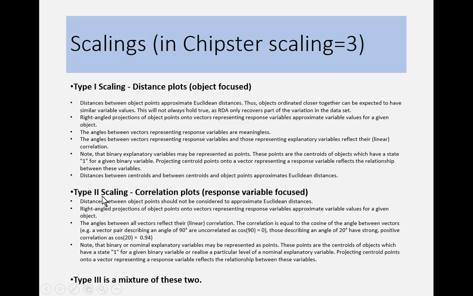There's type 1 and type 2. Whatever you check, they always tell you about type 1 and type 2 scaling, which is how you read the image. Now Chipster uses type 3 scaling, which is a kind of an odd species, because it's a mix between these two types of scaling, so ways to read the image.